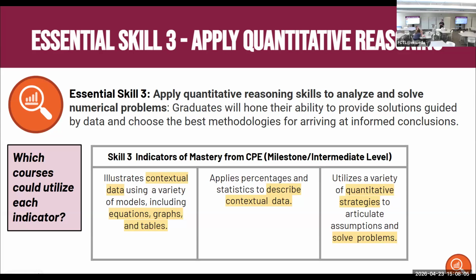Yeah. So I was wondering, what do we visualize with utilizing a variety? Because a lot of our courses will use a quantitative strategy. I actually had the same conclusion this morning, and I was trying to see what that would mean. That's why I went to element 2A for the gen ed courses, to see what element 2A would cover. One of those was Math 120 trigonometry.